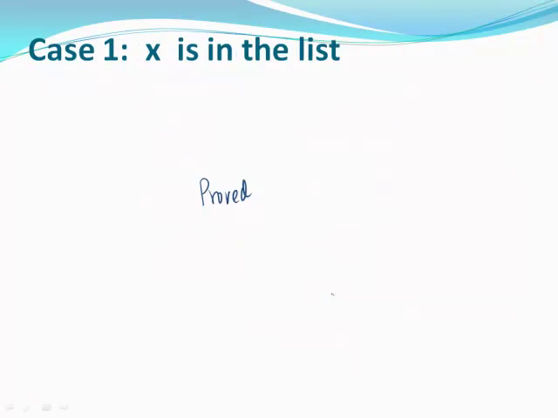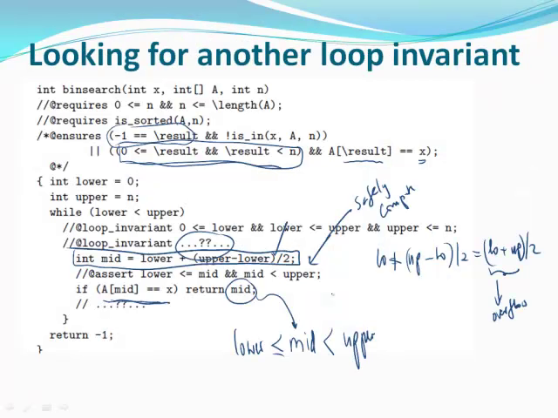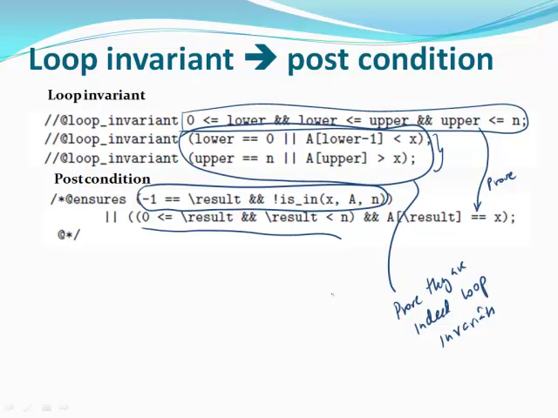So now finally, to complete the code, we can write the code for the loop. If a of mid is equal to x, return mid.